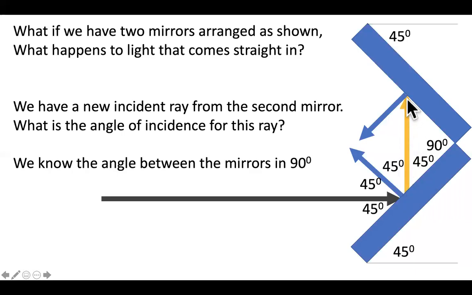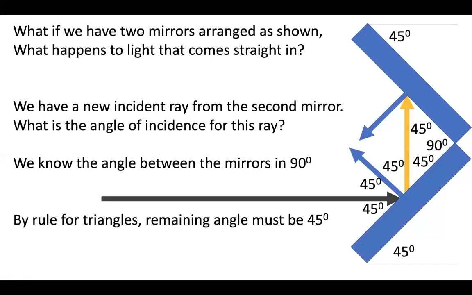The interior angles of a triangle, the sum of this angle plus this angle plus this angle, is always 180 degrees. So whatever this is, plus 45 plus 90 has to equal 180. Do that algebra, you'll figure out this angle is 45 degrees.